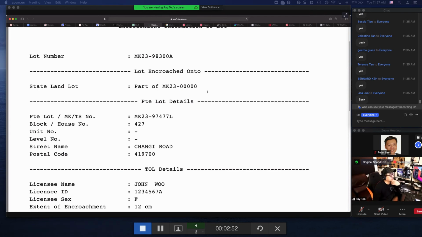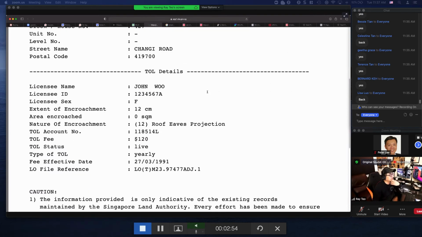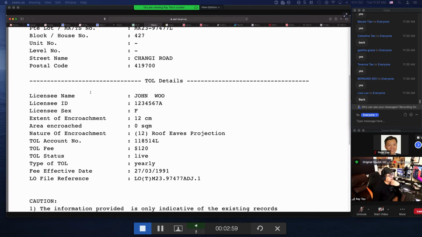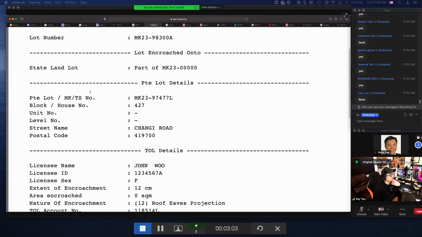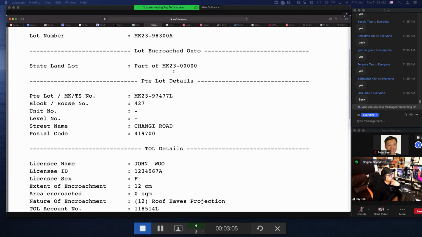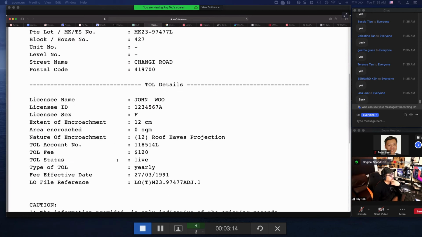So here, you will check out like this one. There's encroachment onto state land, like part of MK23. This land is encroaching onto state land, and they are paying TOL.